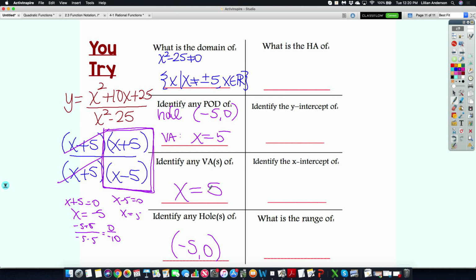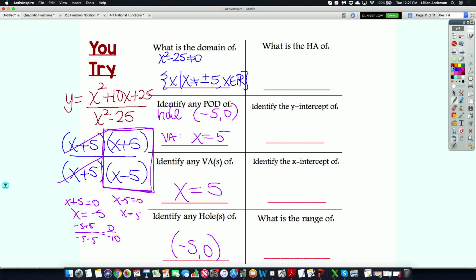Question on the left side. Right side. Now, once you found the simplified form, you can always use the simplified form to answer your questions. You don't have to go back to the original. You can always use the simplified form to answer every other question that you have from here. What was the horizontal asymptote?